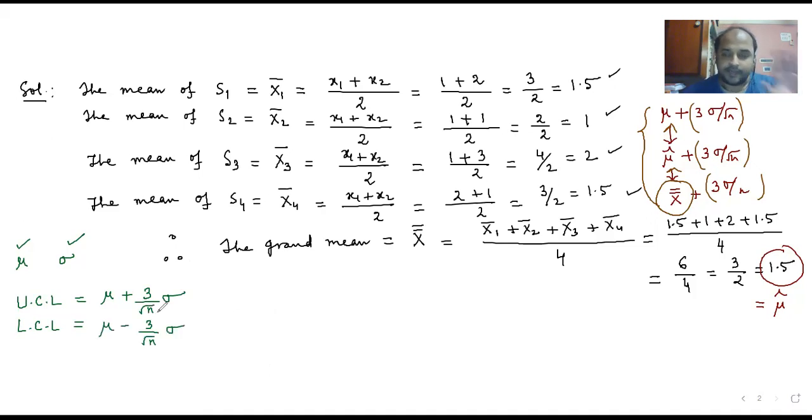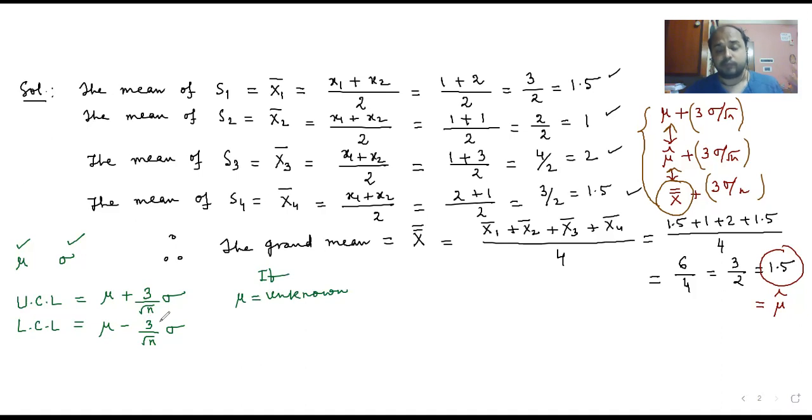Okay, let me finish this part. Now see, this formula can be used only when mu is known to me. But suppose the situation where the population mean is not known, mu is unknown. So how to calculate this limit? We will not be able to calculate the upper control limit.